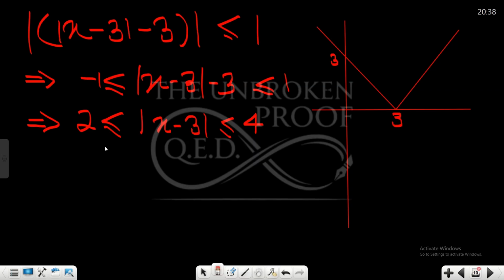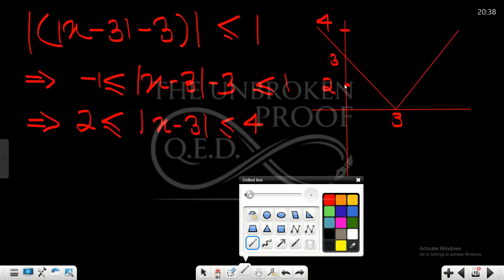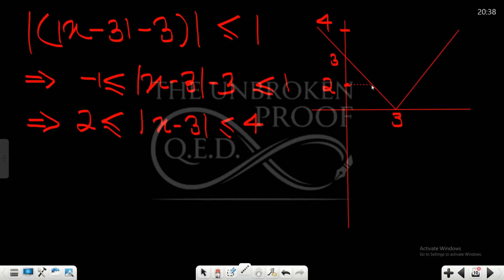The range is from 2 to 4, so this will be 4 and this will be 2, and for the value of 2 you will get 2 here as well. Because we are subtracting 1, for 3 you will get 0 here, and you will also get one more value, which is 4.